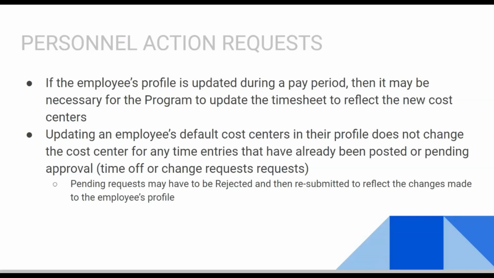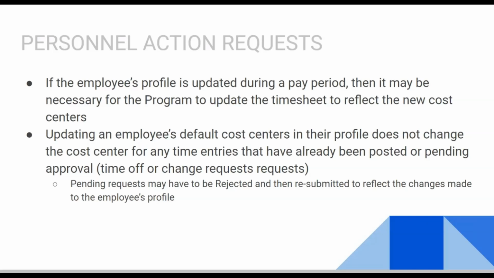So we'll have to keep an eye out on the stuff we've already recorded for employees if the cost centers change. If there's a request pending, I have a request in August to take time off, but I put in that request while I worked in finance, and now I'm in the personnel office.